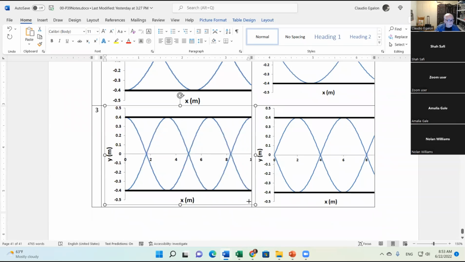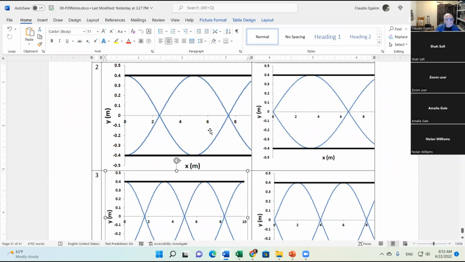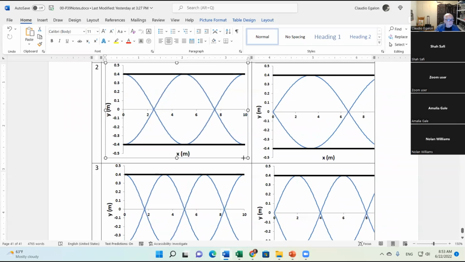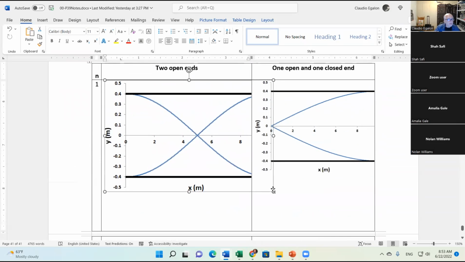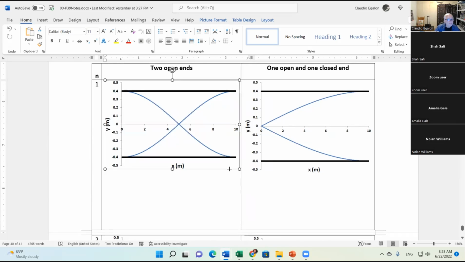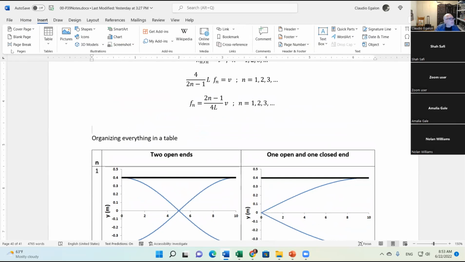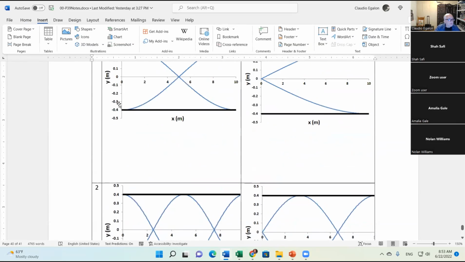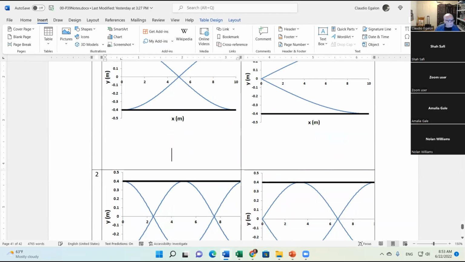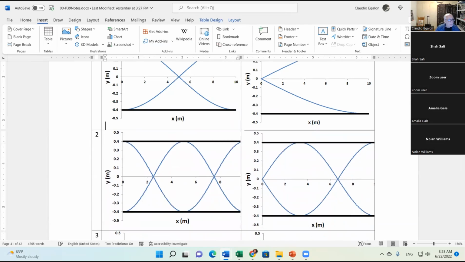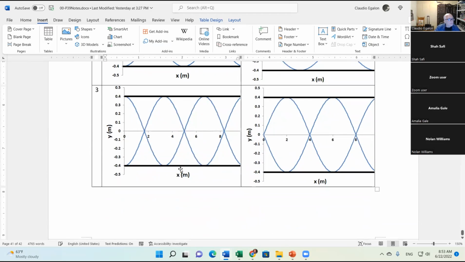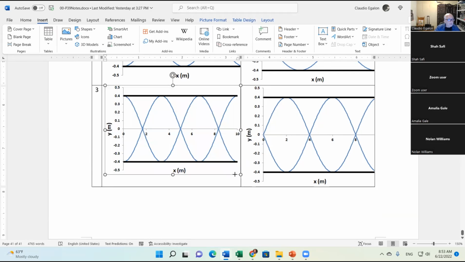Let's see if I can shrink it. Shrink it, and shrink it. Can I do better than that? Let's see. Yeah, I did everything.